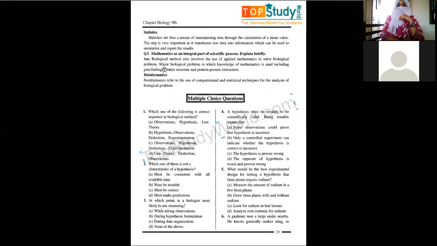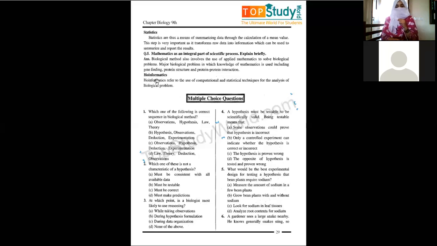Gene finding means how many genes are present in any type of living organism, and how proteins interact with each other. So basically mathematics is used in major biological problems. These are the examples: gene finding, protein structure, and protein interaction. This question is very important for short questions.